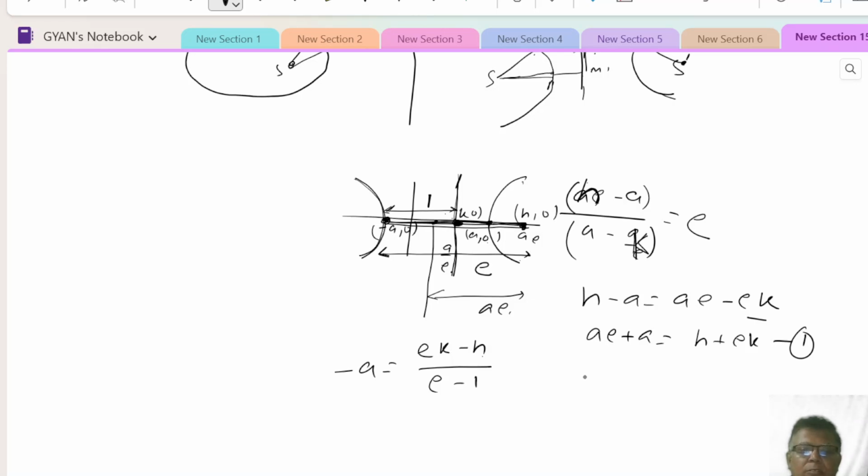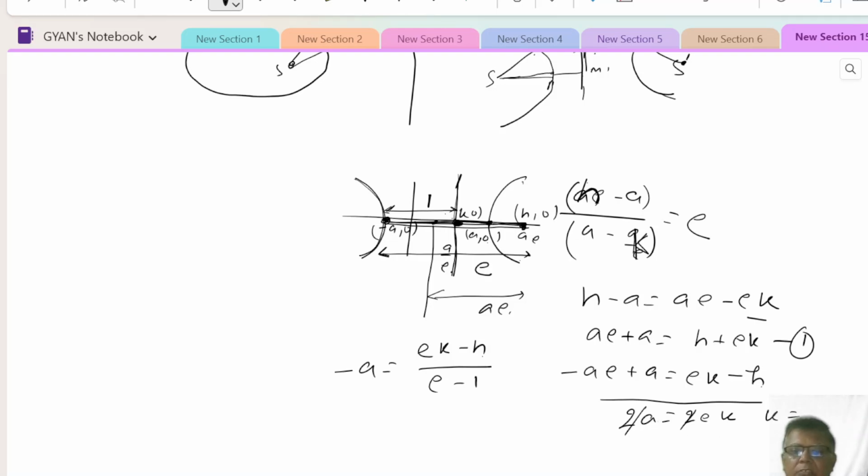So now solve it. Minus AE plus A is equal to EK minus H. So now add it. So add it, 2A is equal to 2EK. So 2 get cancelled. So K is equal to A by E.